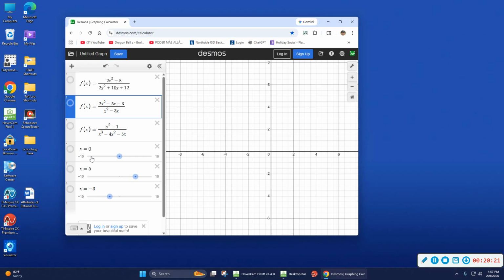So let's check out that graph, right? What would you do? You would create a table if you want to graph this whole thing. We know that 0 is undefined. We know that 5 is undefined. And we know there's a hole at -1.